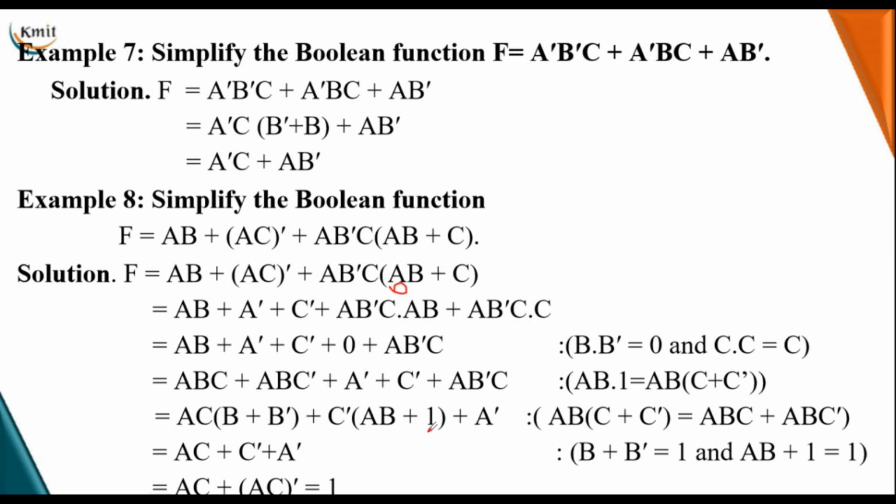So AB or of 1, or of AB bar. Hence AC and of B or of B bar becomes 1, so or of C bar or of A bar. Now I can write this C bar or of A bar as AC complement. AC or of AC bar is equal to logical 1.